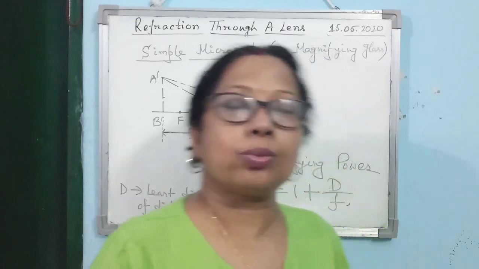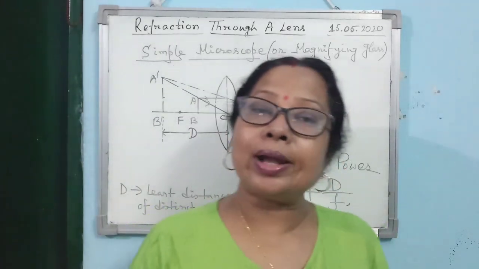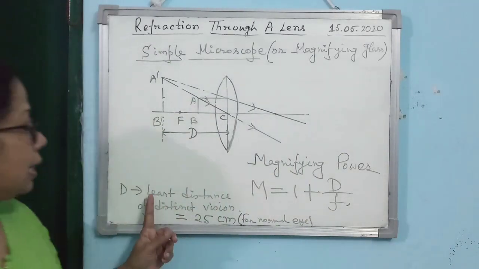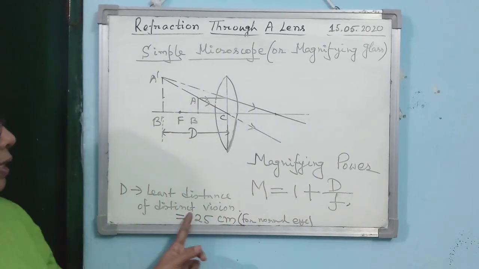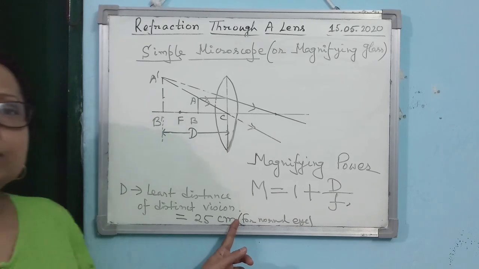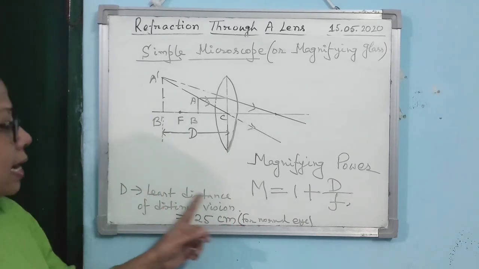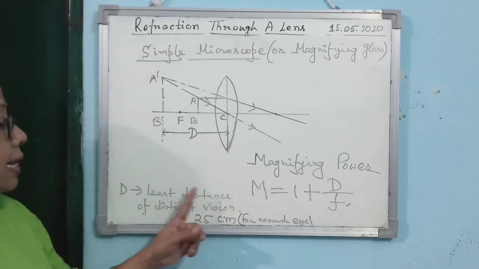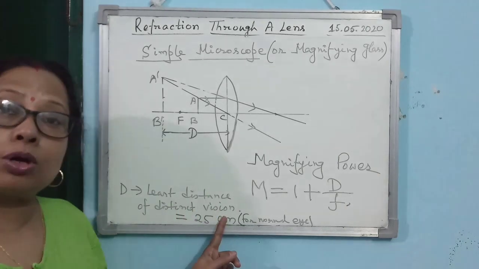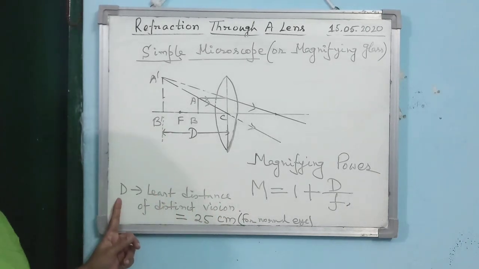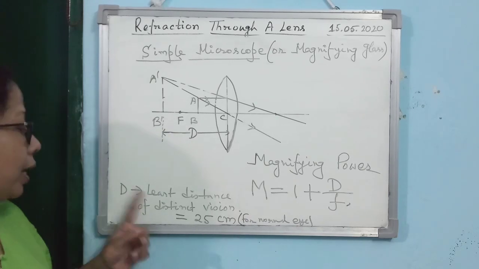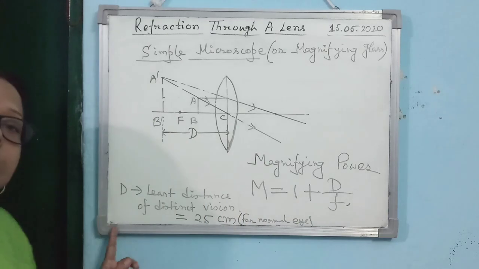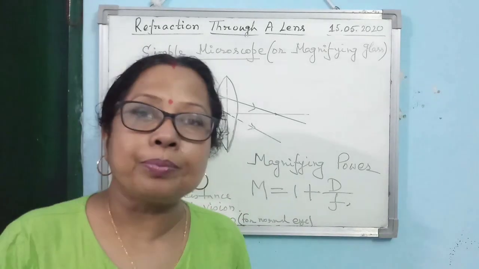Alright, so that's why this distance, 25 centimeter, is known as the least distance of distinct vision. Just see, from the English term itself you can make out the meaning. Least distance of distinct vision we also denote by big D. Be careful when we are using big D. In case of simple microscope, we are not using it as the diopter.